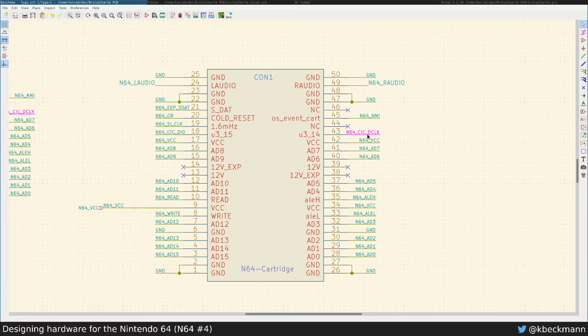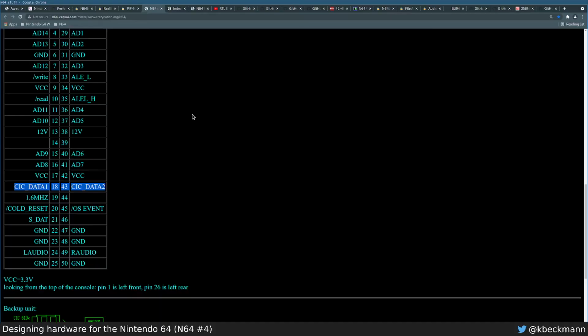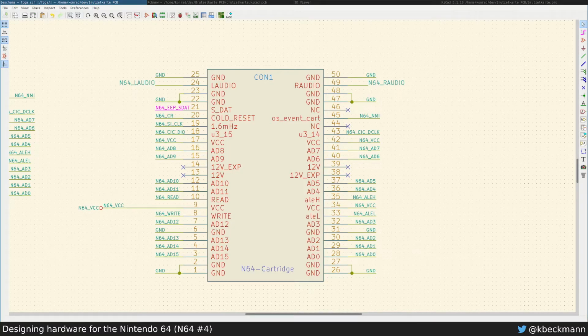So it's the D clock and DIO. We have the SI clock, pin 21. Yeah, this one I wonder what it is. Okay, here it says it's round. That's interesting. 21 is actually a stat. Oh yeah, I was blind.